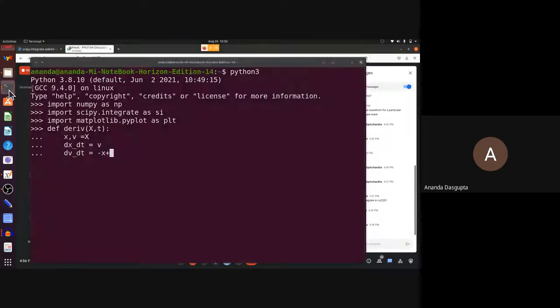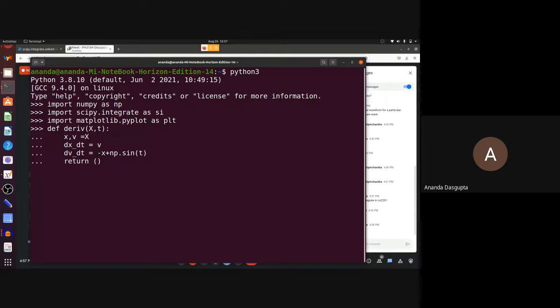Okay. So what I really should, as Shomo has already said, I can't just say sine t, I have to say np dot sine of t, simply because that's sine taken from the numpy module. And then I need to return these two quantities, the dx dt and dv dt, in that order.